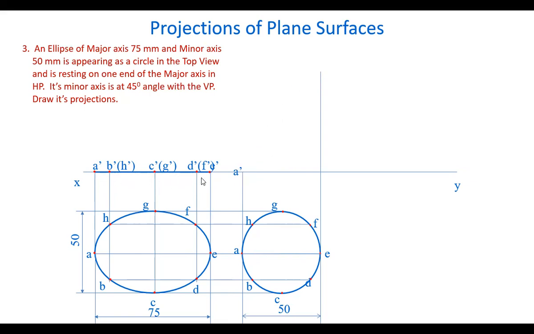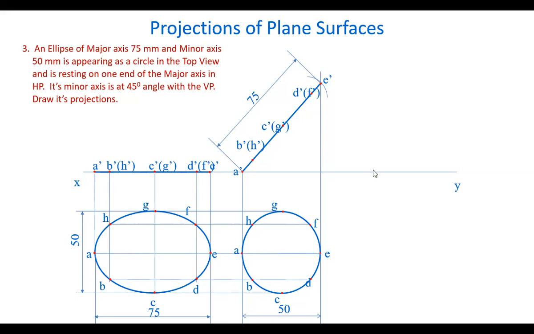So take this same 75 mm long line, and from A dash, draw an arc with 75 mm radius. You get E dash here. Now join it by a straight line. That is the front view. So the same front view is redrawn in a different position. That's all. Now, we are able to draw the first and second positions.